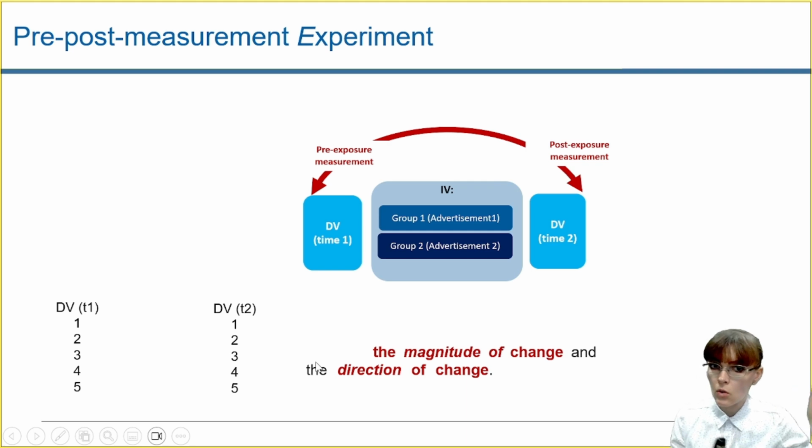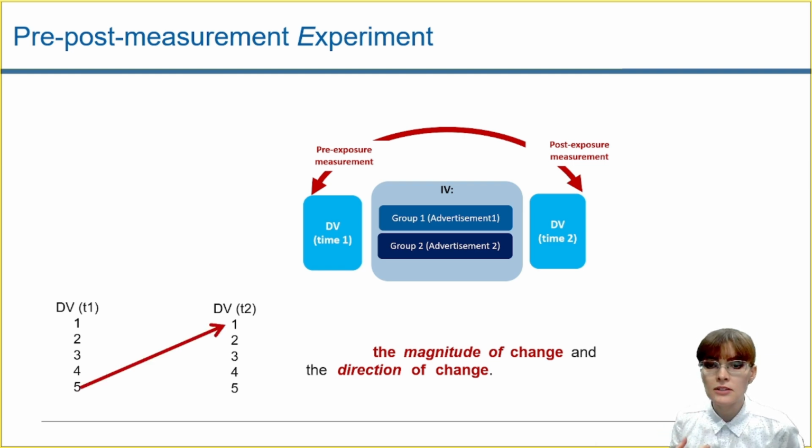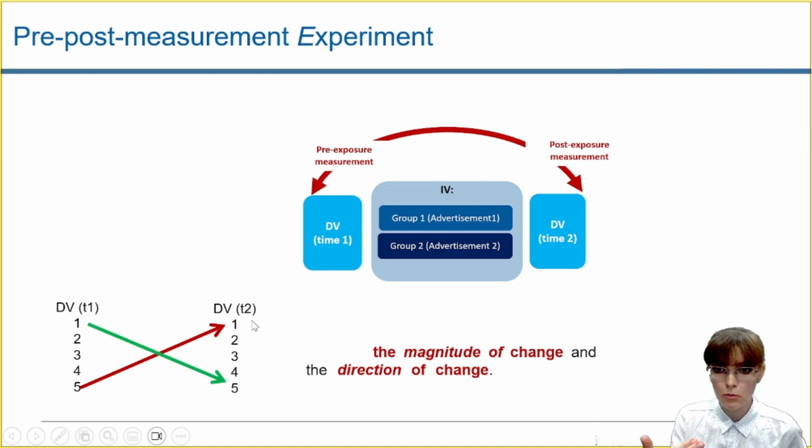Once we collect all the data from the participants, we would throw the data into a statistical software package to analyze it, and the software will look at the patterns. If the software on numerous occasions observes that the scores at time 1 correspond to lower scores at time 2, that is a drop.